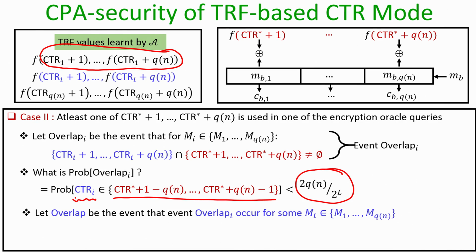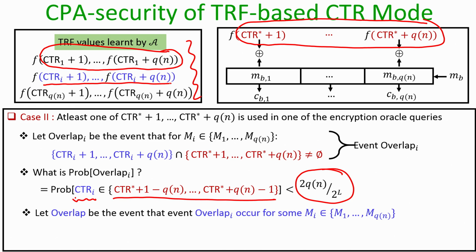Now, our goal is to analyze the probability that the counter values used for encrypting the challenge plaintext get repeated in any of the qn queries. Remember, the adversary made qn queries, where each query consists of qn blocks, and whatever we have analyzed till now was with respect to only one specific query, namely the encryption oracle query for the ith message.